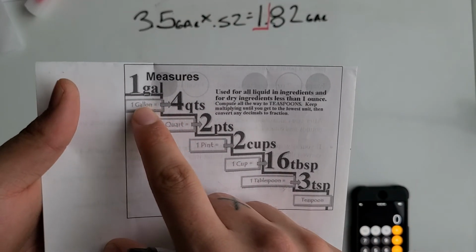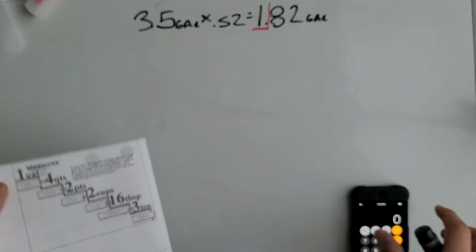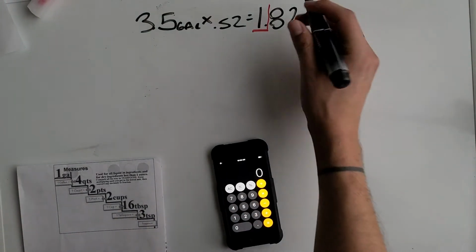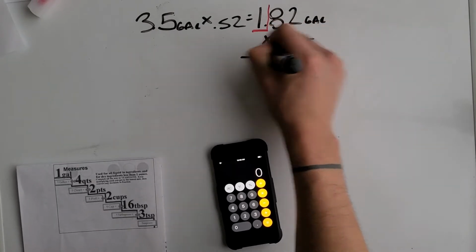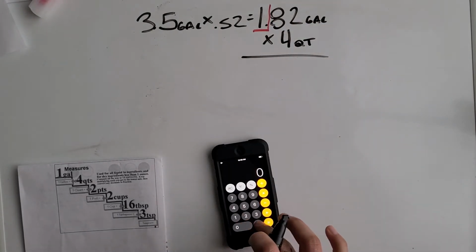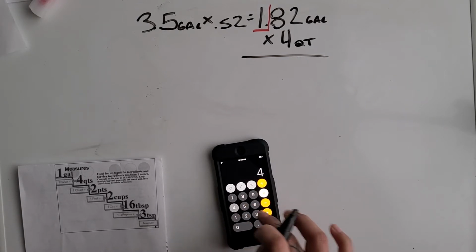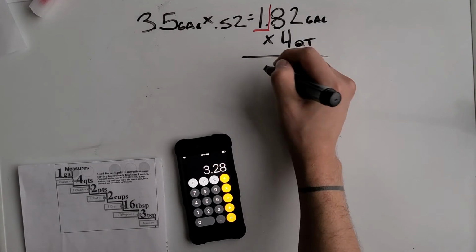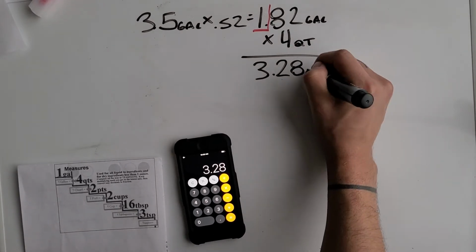In this case, we're at gallons and we want to multiply by 4 quarts. So 0.82 times 4 equals 3.28 quarts.